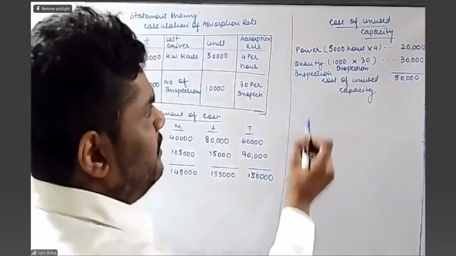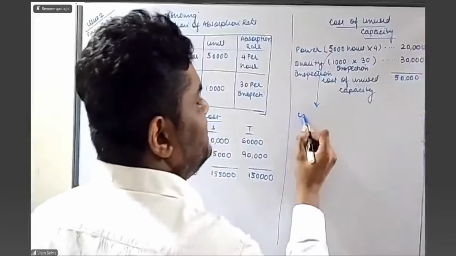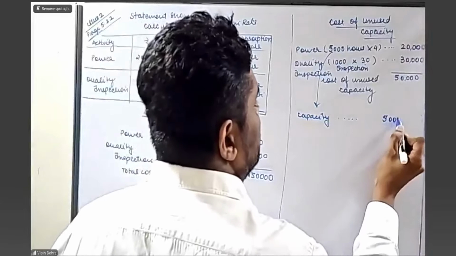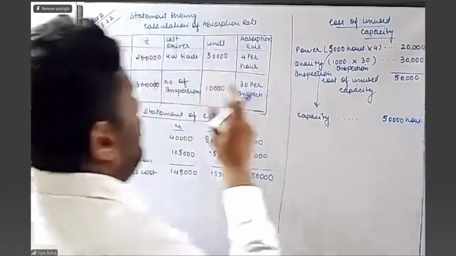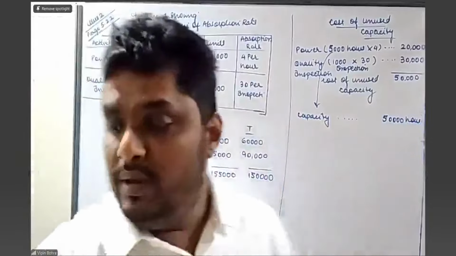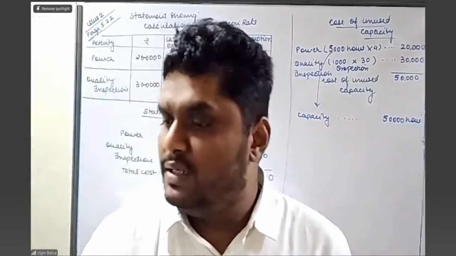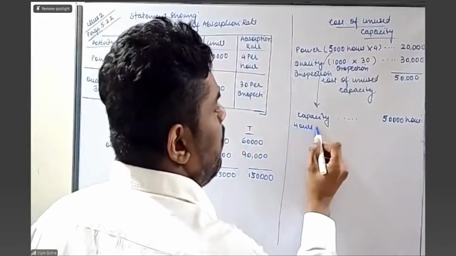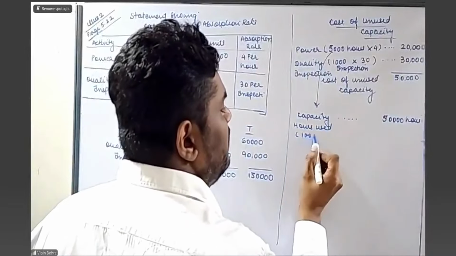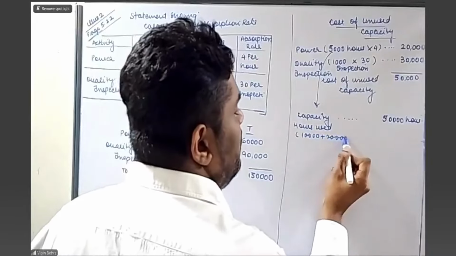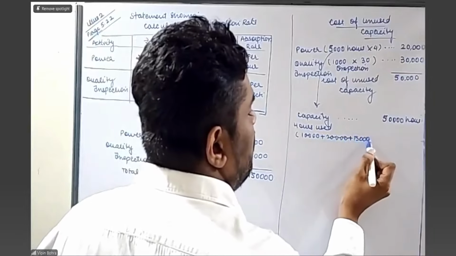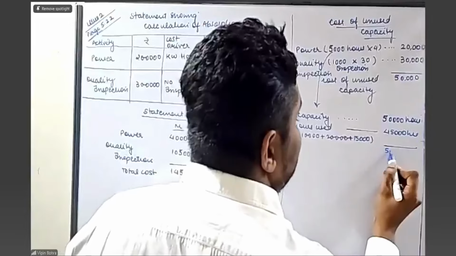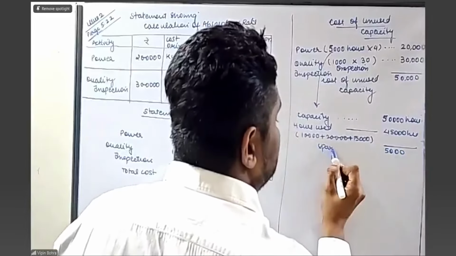So Meda, see, when talking about this 5,000, my capacity was how much? My capacity was of 50,000 hours. But hours used in M, S and T is how much? 10 plus 20 plus 15. So 45,000 hours. So 5,000 hours are my spare capacity, spare hours.